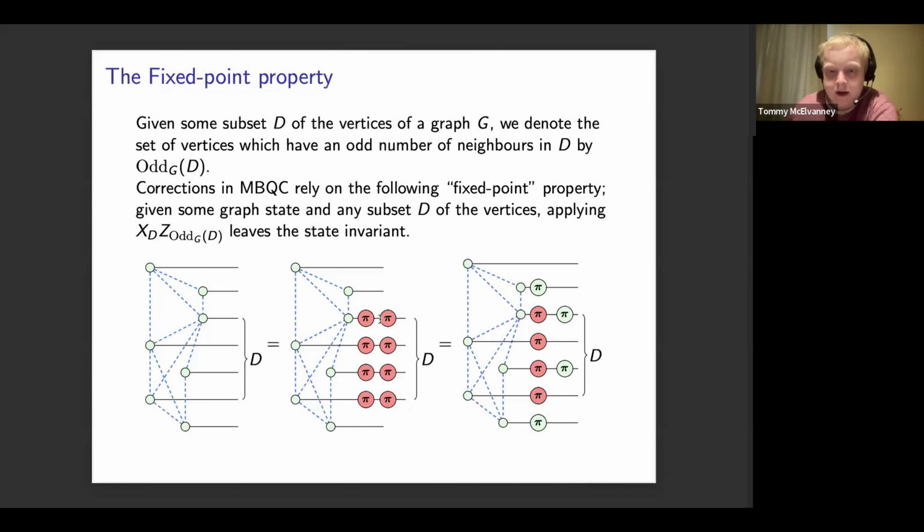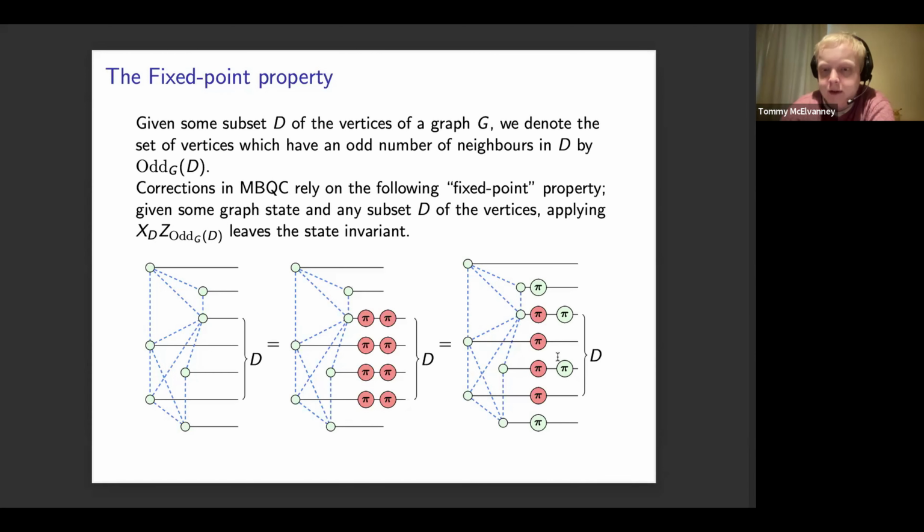So here, D is the correction set, and all of these ones that get green pi's are the odd neighborhood of the correction set. So if we wanted to move to multiple measurement planes, we said YZ measured vertices were red alphas. And so an error on a YZ measured vertex would just be a red pi, sorry. And an error on an XZ measured vertex would be a red pi and a green pi.